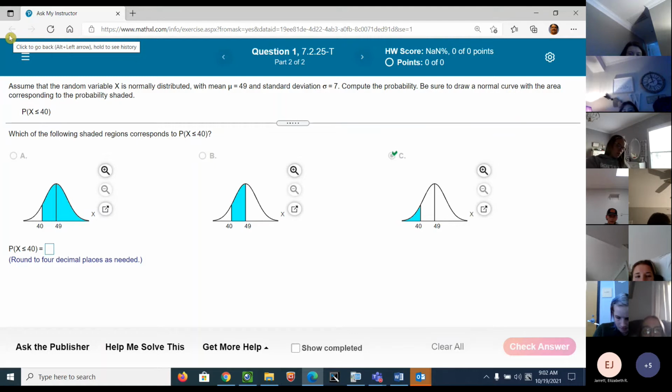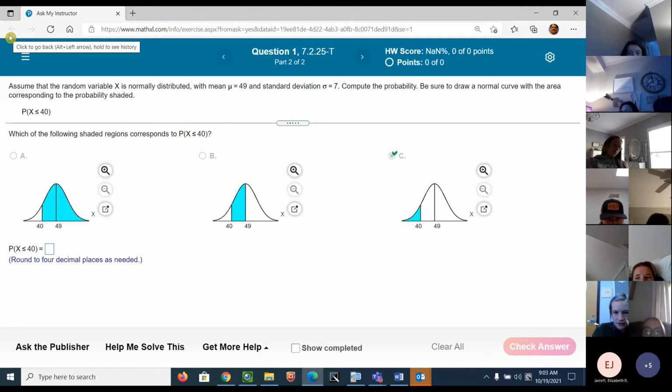Well, this is 3 right here, so this is 38. So 40 would be right in here, and they want less than 40. So by the empirical rule, that's probably a third maybe.